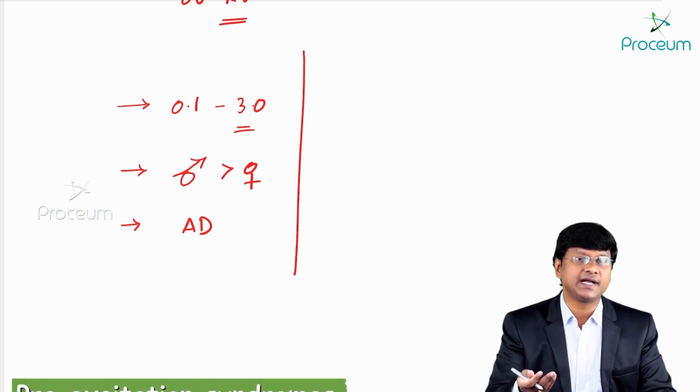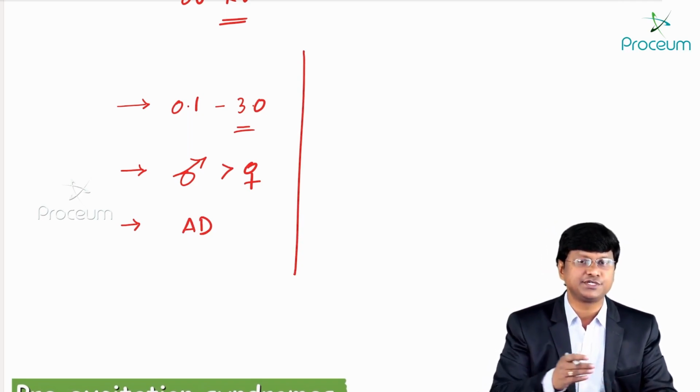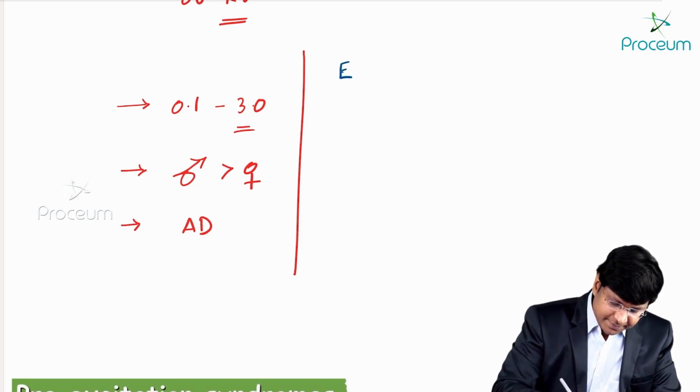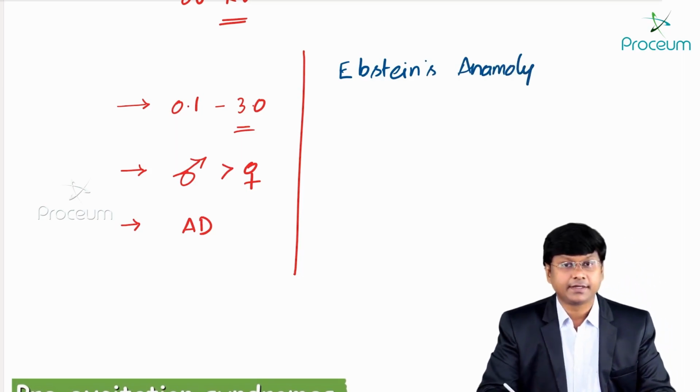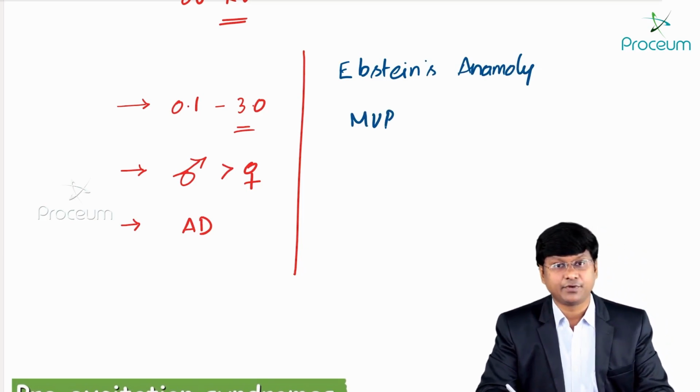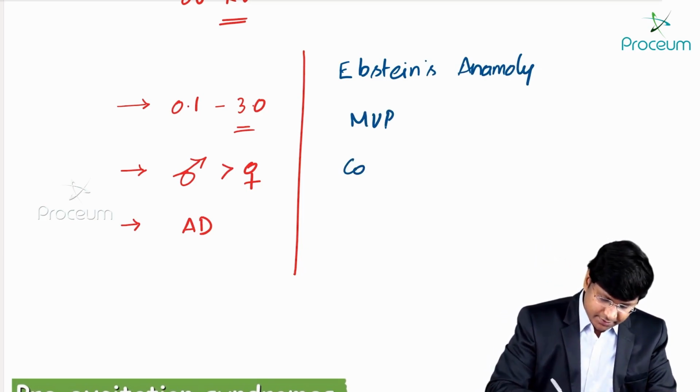The associated cardiac defects reported in these patients with the WPW syndrome include, number 1, Epstein's anomaly. Number 2, mitral valve prolapse. 3, cardiomyopathies.